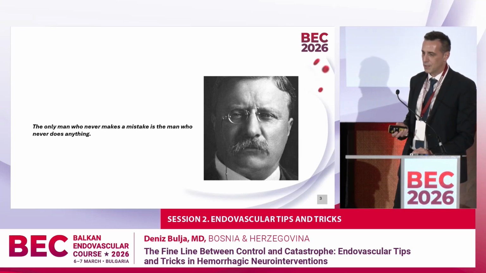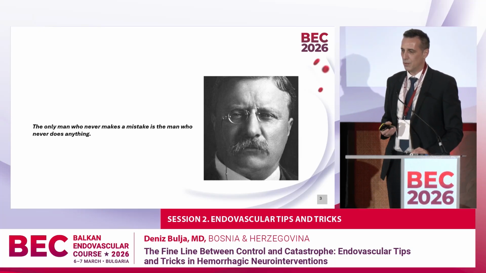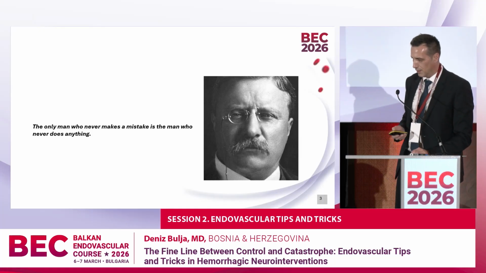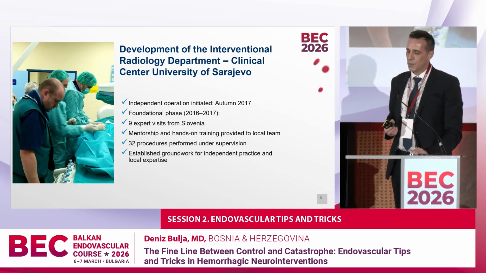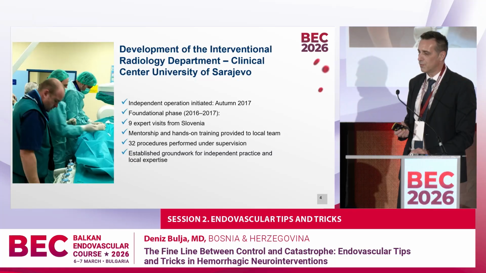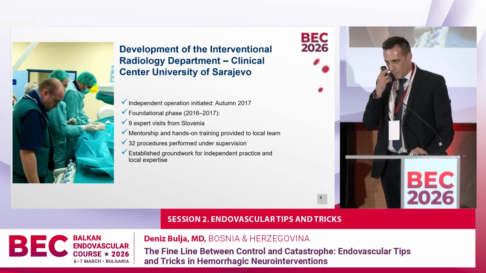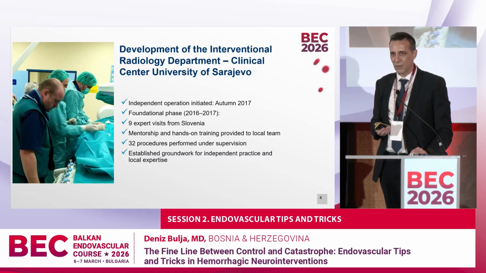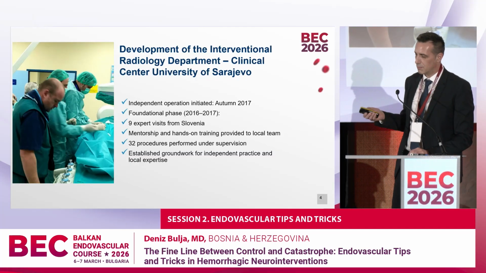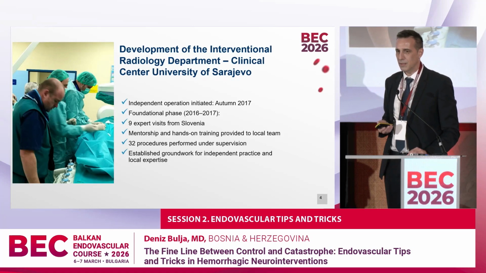I will start the presentation with a quote of Theodore Roosevelt: the only man who never makes a mistake is the man who never does anything. So remember that. We started to perform independent neurointerventions in 2017 in Sarajevo. Before that, we had 9 visits from Slovenian colleagues, and we managed to treat 32 patients before we started some simple cases independently.